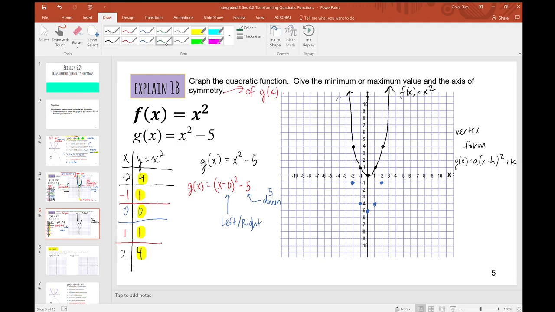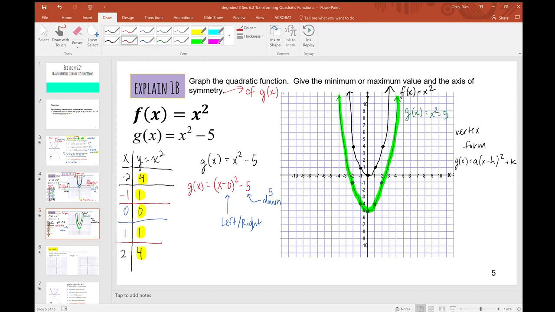Now let's graph the parabola. Highlight it. Label it g of x. That's g of x equals x squared minus 5.